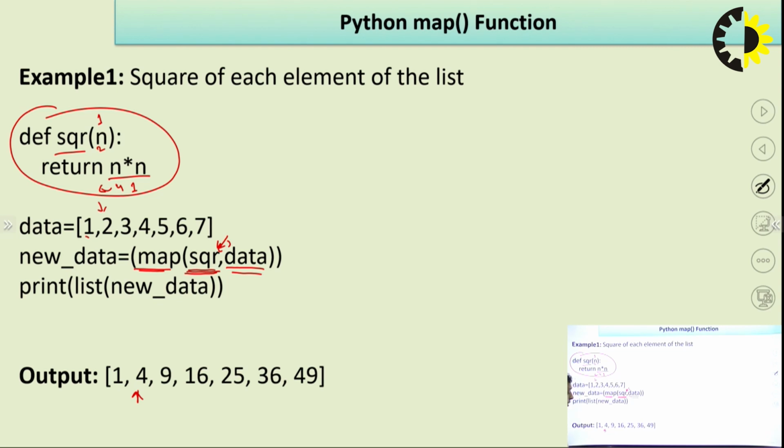In the filter function we will not get the same length of the list as output, because there is a selection process: we select or reject in the filter function. But here we apply some action on each and every element. So the length will be the same as in the input parameter.